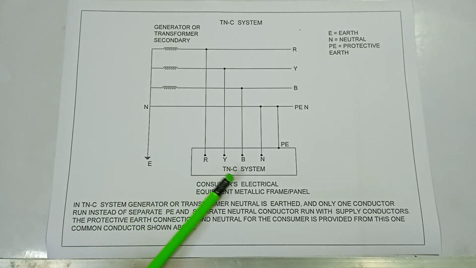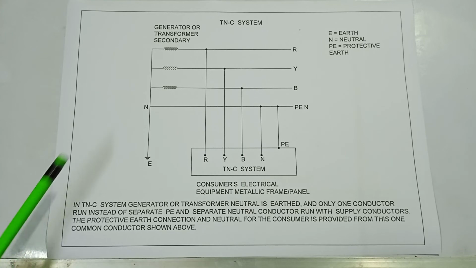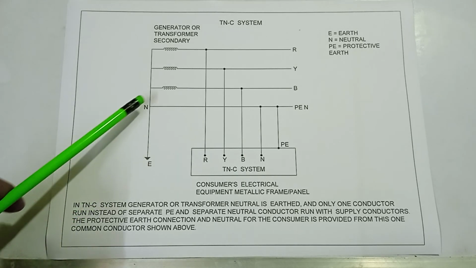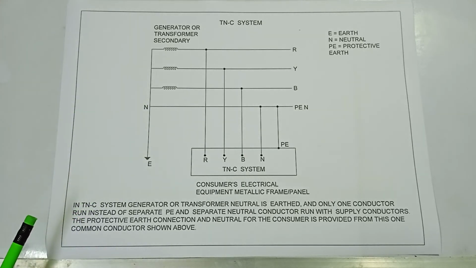Okay, next. This is the TNC system. In the TNC system, the generator or transformer neutral is earthed, and only one conductor is run instead of a separate PE and separate neutral conductor with the supply conductors.